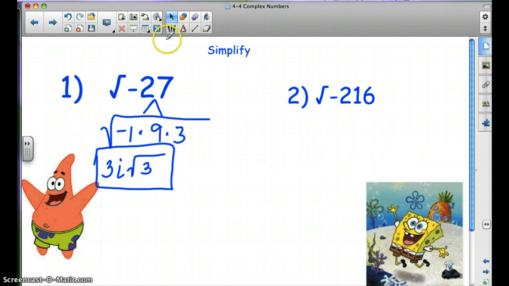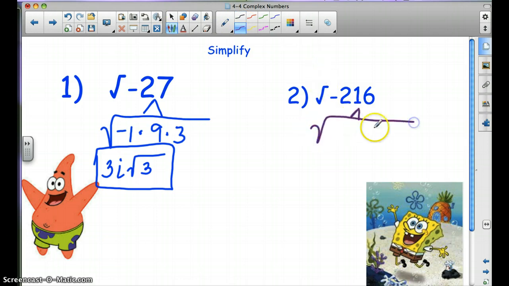What about the square root of a negative 216? Let's think about a perfect square that goes into 216. We know we're going to have a negative 1 because we have this negative here. Can you think of a perfect square that goes into 216? 36. Very good. And 36 times 6.